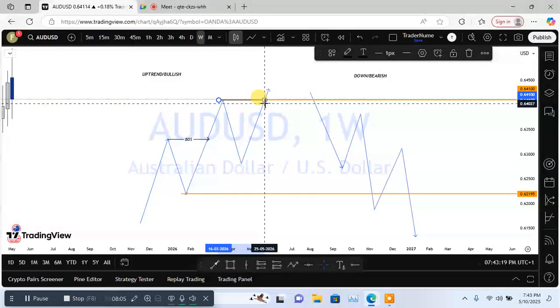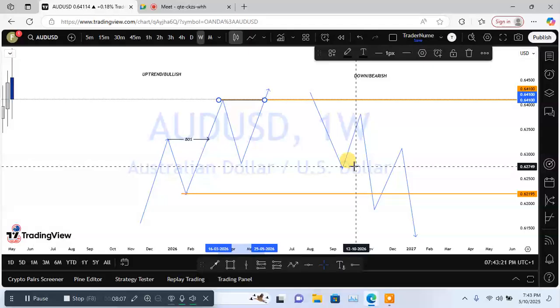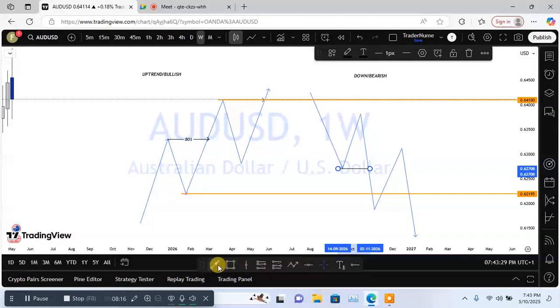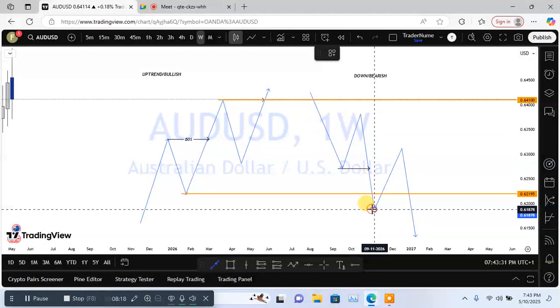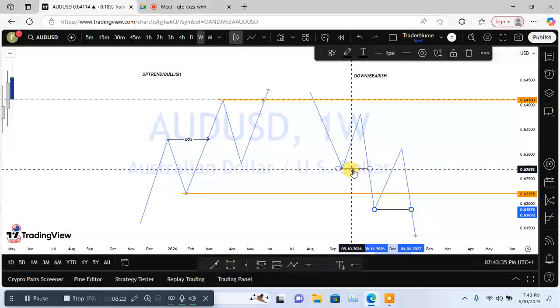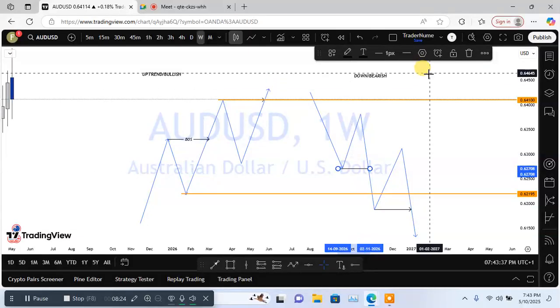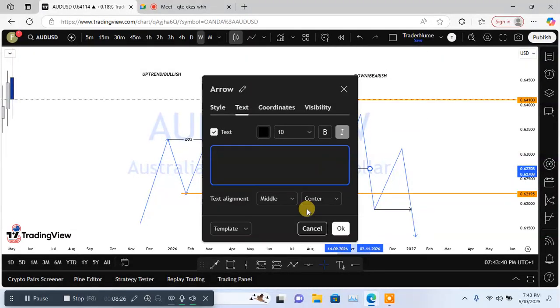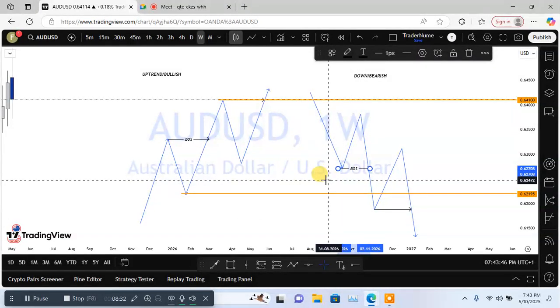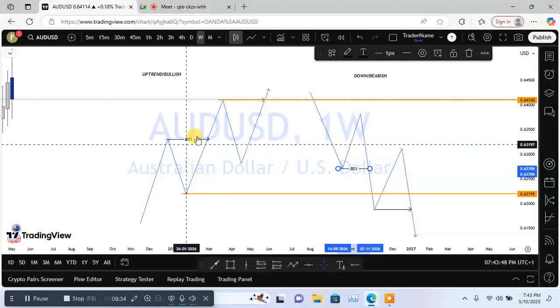I'm just drawing this for you to look at the paper explanation, or the textbook explanation of it, right? So when market is coming down, market will be breaking structures downwards. This is the break of structure downwards, and this is the break of structure upward.